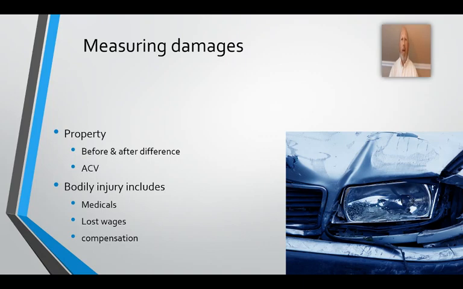You have a collision, it gets damaged, and immediately after the accident, its condition is determined to be worth $5,000. It's in wrecked condition. So the difference between those two, or $15,000, that would be the measure of that property damage claim.